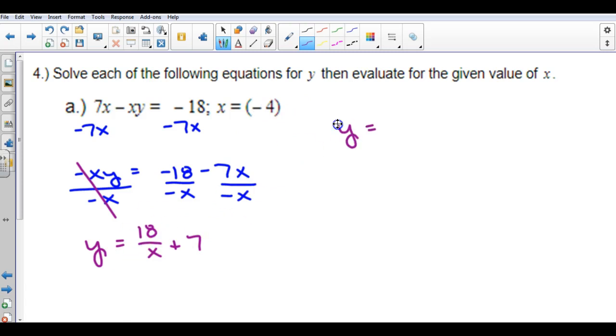So I get y equals 18 over that x value of negative 4, plus 7. 18 over 4, I know that 16 divided by 4 is 4, and I know 20 divided by 4 is 5, so 18 divided by 4 is going to be right in the middle. And since it's a positive divided by a negative, I'm going to have negative 4.5. And then plus 7, which is positive 2.5. And that ends up being our value for y.